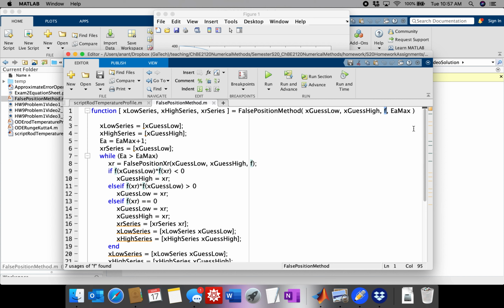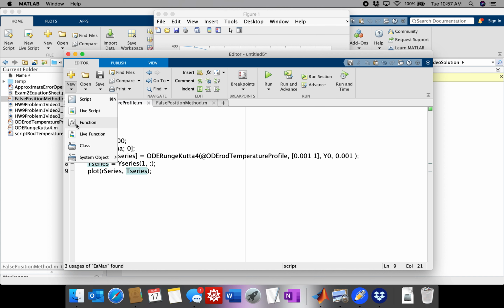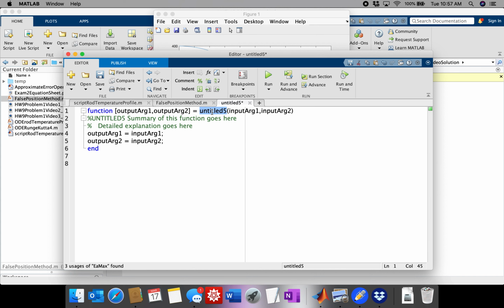We have to define f, and then the EA max can just be something reasonable. So let's make a function that I'm going to call root finding rod temperature, and the input is going to be alpha.